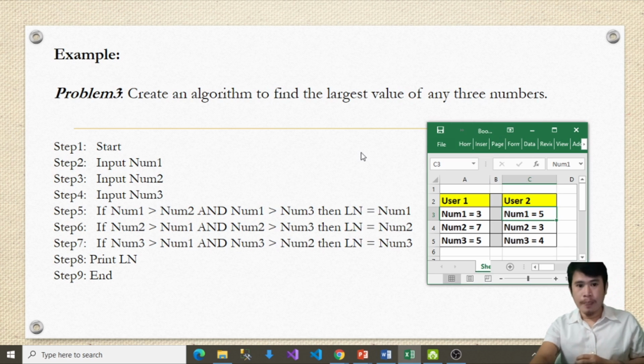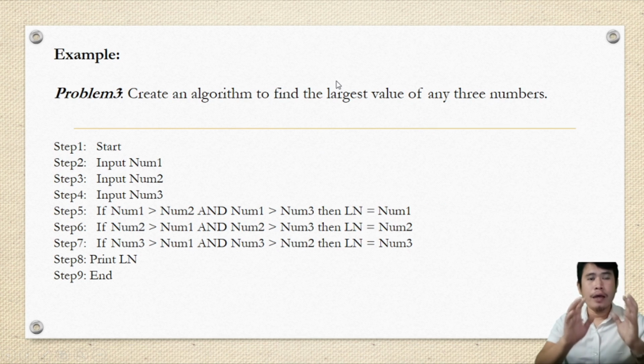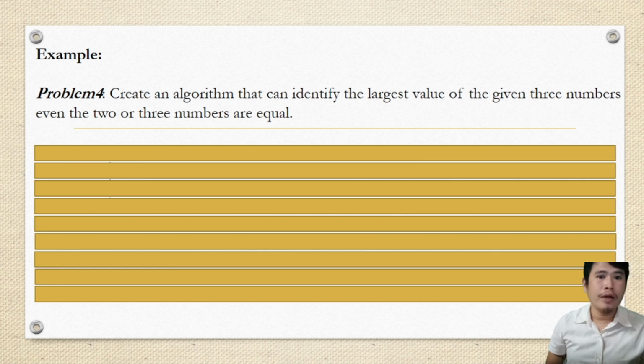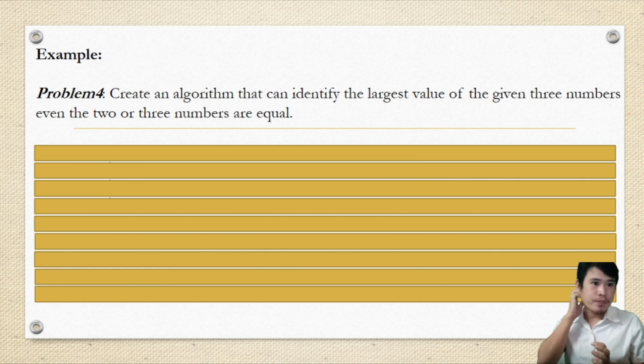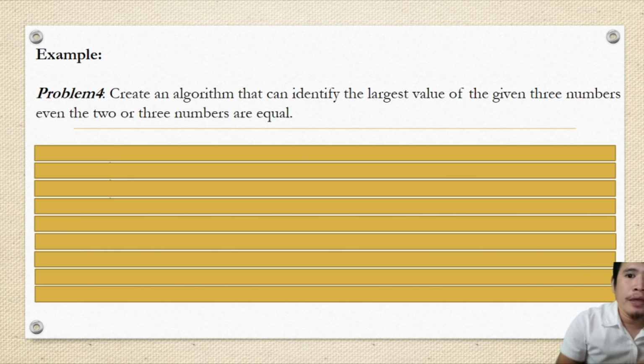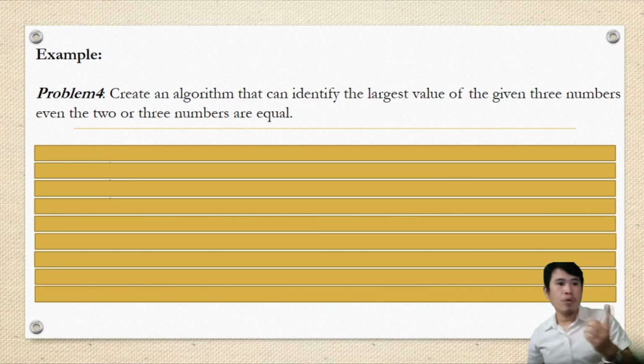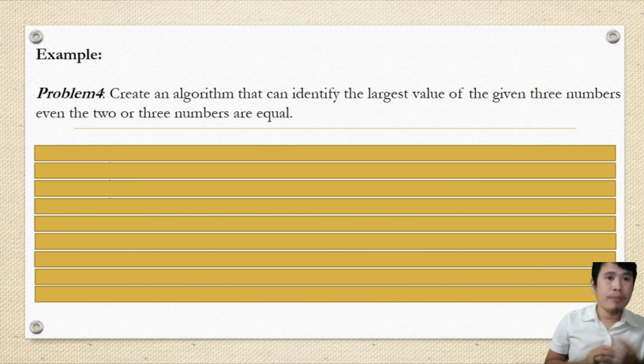Okay? Now, let's try another algorithm. Create an algorithm that can identify the largest value of the given three numbers even if two or three numbers are equal.